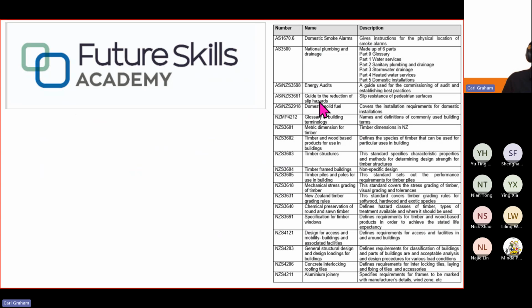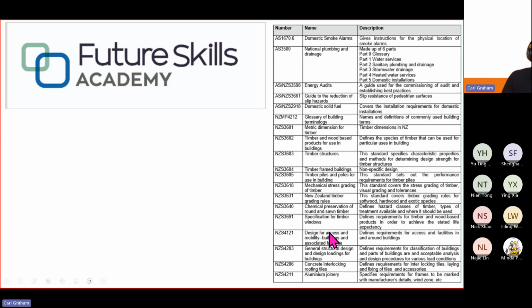Yep, so those are some of the standards I don't necessarily need to know in totality, but there's 3604, which I've probably got an intimate relationship with. I understand it. 4121 is another one. That is the one that basically tells us how sites are designed for disabled access, mobility and associated matters. So it's that lot. So let's go there. No, there. There we go. And that's another one.